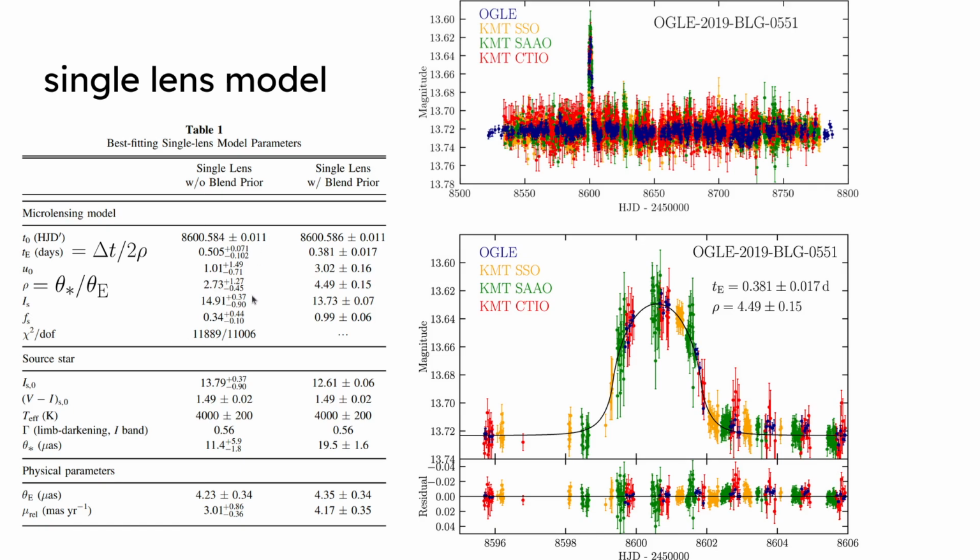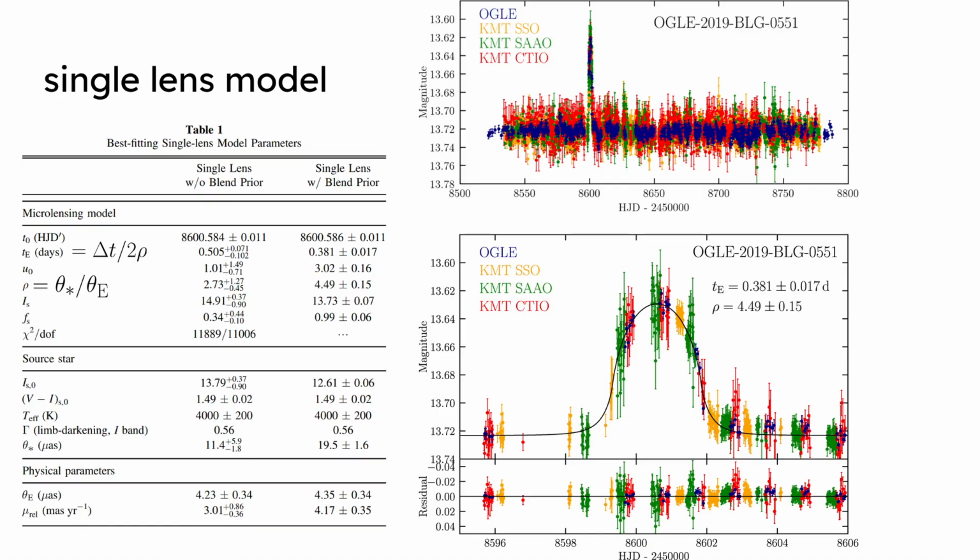And you can see that there are 2 columns here, one of which is when they took the blending fraction as a free parameter that they fitted as well. And the other is when they used a blend prior, where they took a Hubble image of the same field, cross-referenced stars on their image and the Hubble image, and compared the fluxes from those stars to see if there is a significant difference.